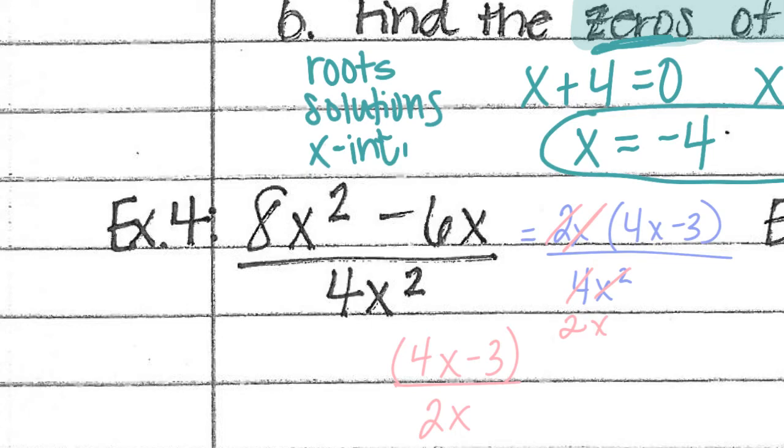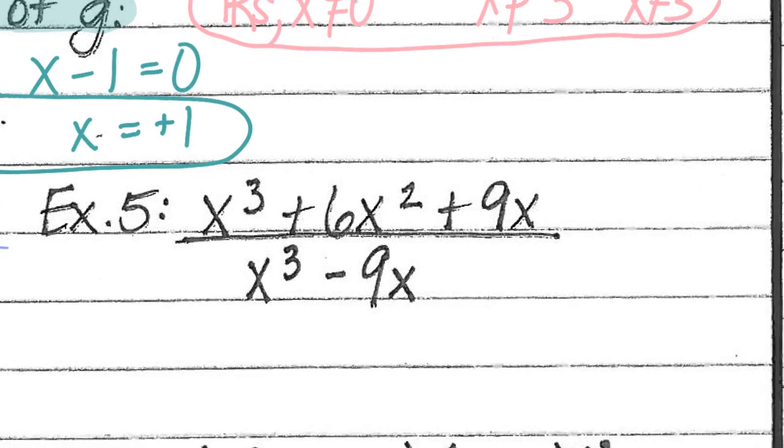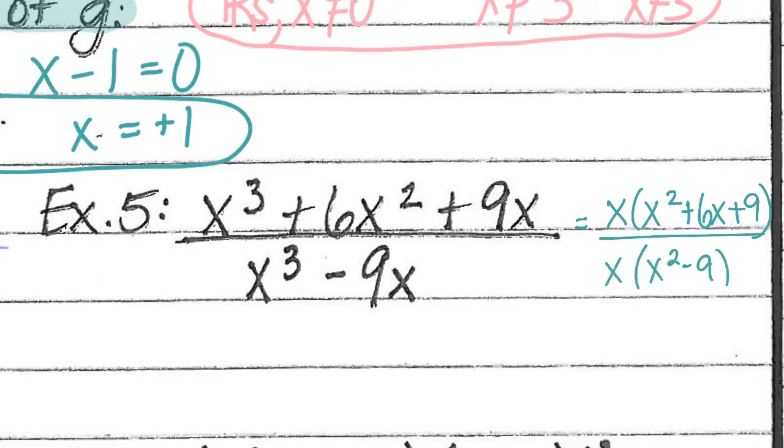All right, moving on. Gotta know how to factor. See all this factoring? The first thing I'm going to do in the top is take out an x, and I have x squared plus 6x plus 9. And in the bottom, I could take out another x, and I have x squared minus 9.